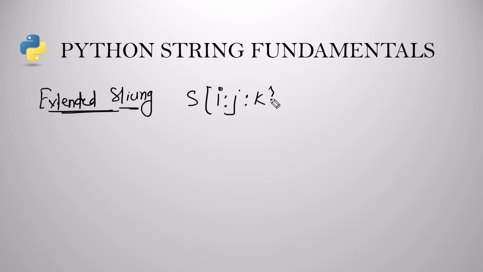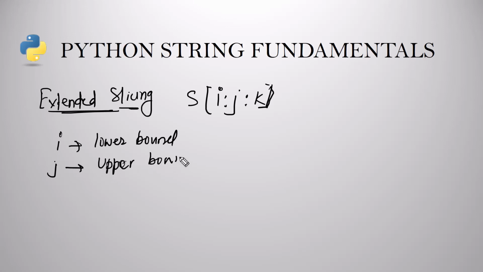Here i is the lower bound, j is the upper bound, and k is the step or stride.